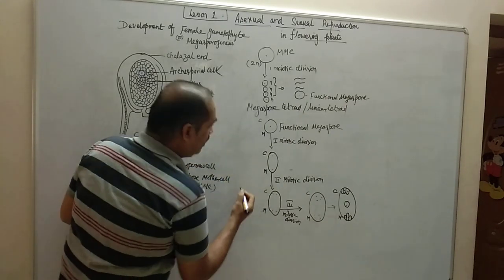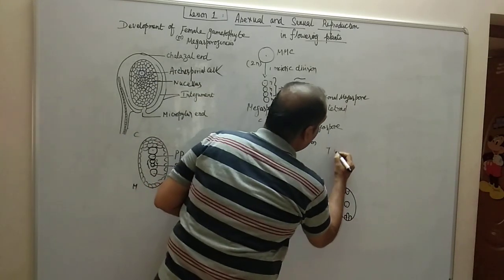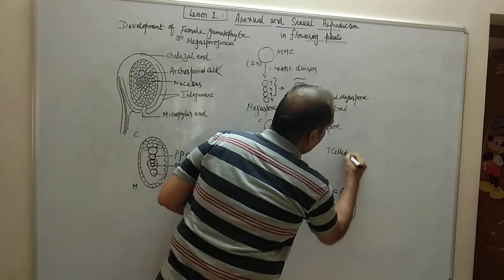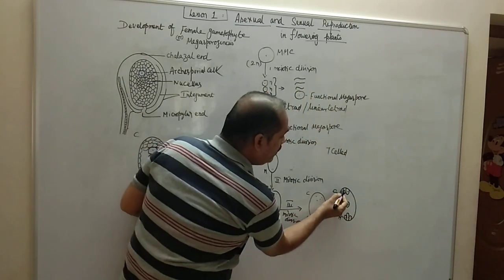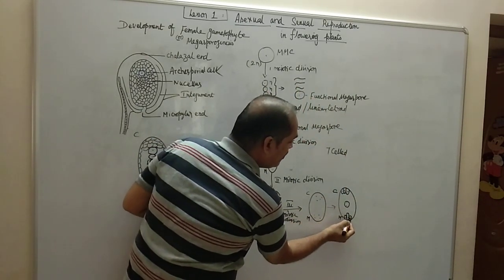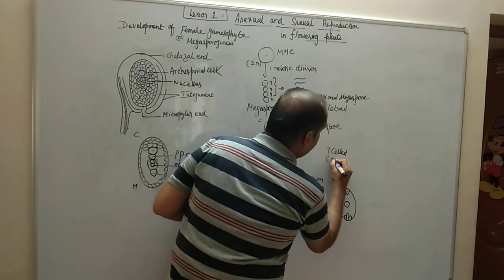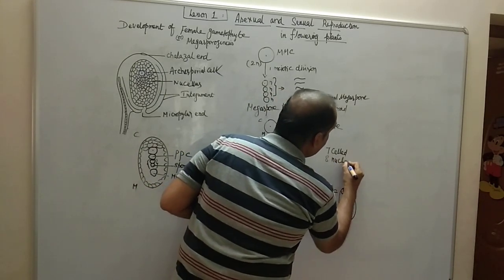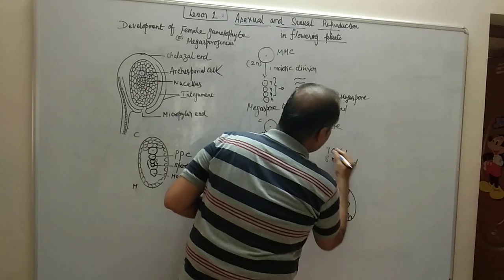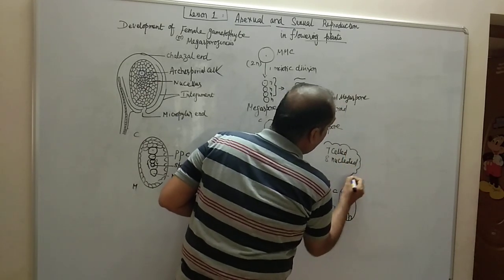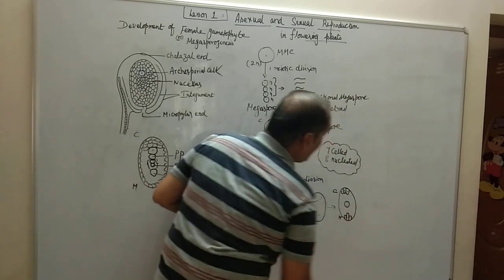So 7 cells, so we can write it here, 7 celled, and when you count the nuclei, 1, 2, 3, 4, 5, 6, 7, 8. 8 nucleated. So a 7 celled and 8 nucleated embryo sac is formed.